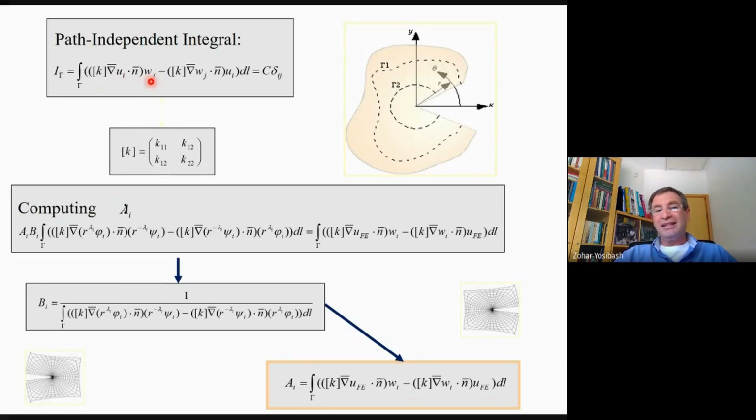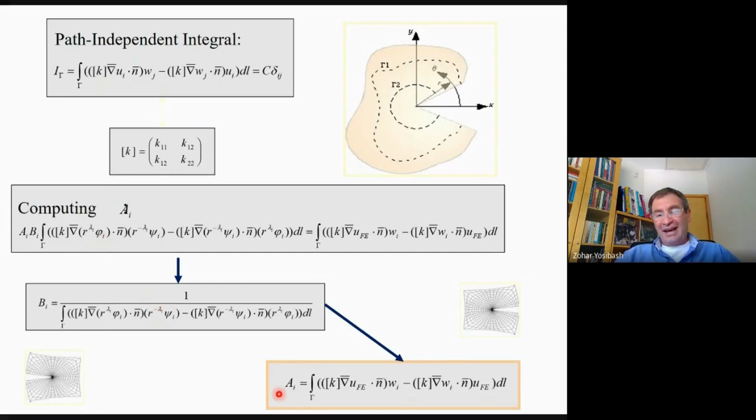If I want to get A1, I plug in the dual solution associated with lambda 1, and then I will get only A1. This is shown in these two expressions. So if I take the dual solution of phi I, psi I, associated with phi 1, phi 2, and so on, I will only get A1.